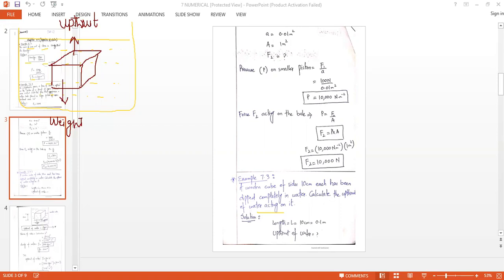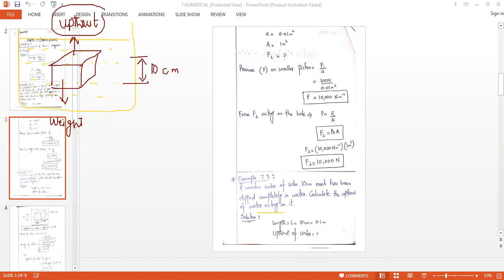And the total height of the block is 10 centimeters. So we have to calculate the upthrust force.